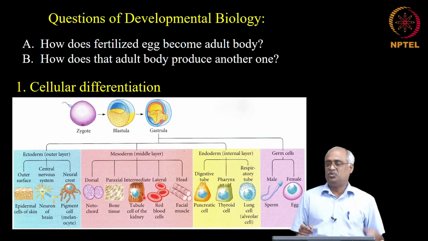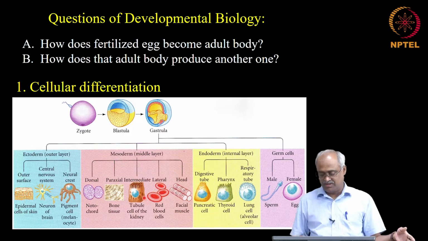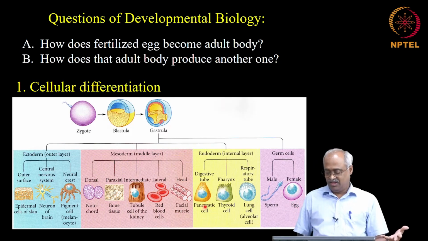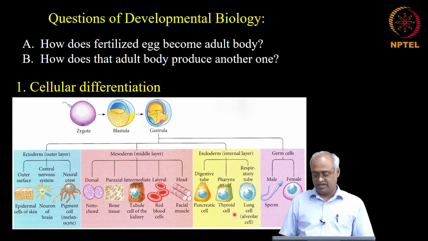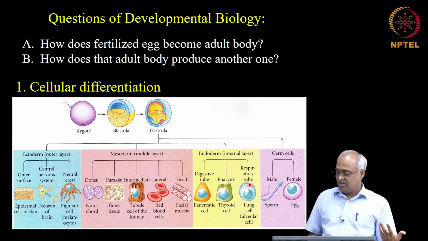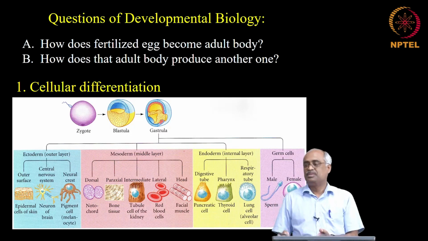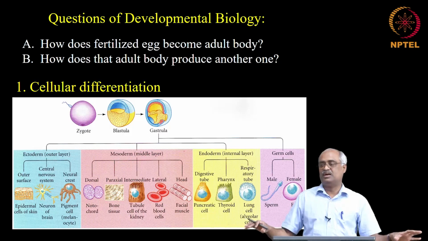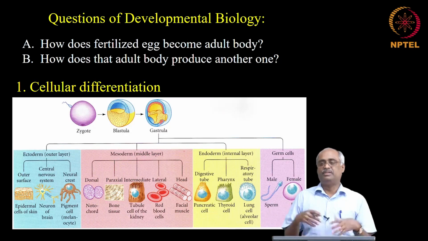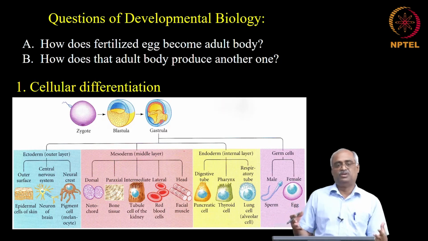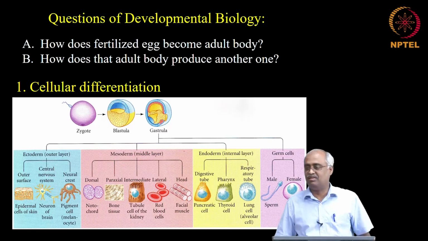Red blood cells, no resemblance to any of the other ones we saw. Muscle cells and digestive tube cells, the intestinal mucosa, if you look at the gland cells, thyroid cell for example, and the lung alveoli. And then the gametes, the most important of all, sperm and egg. So these are different kinds of cells. How cells differentiate, okay, that is one of the most fundamental questions in developmental biology.